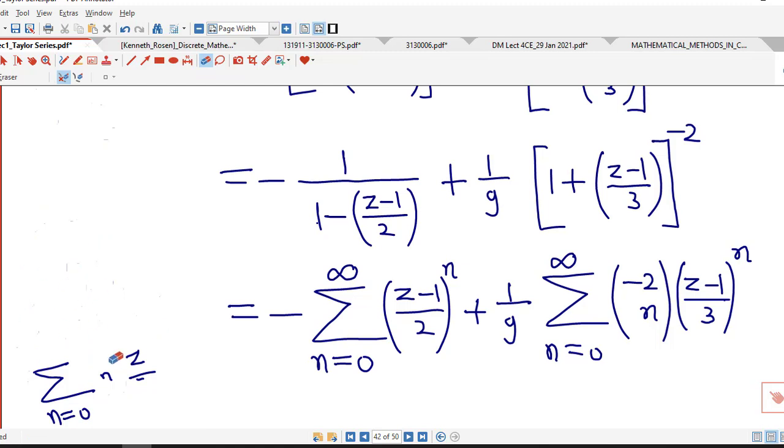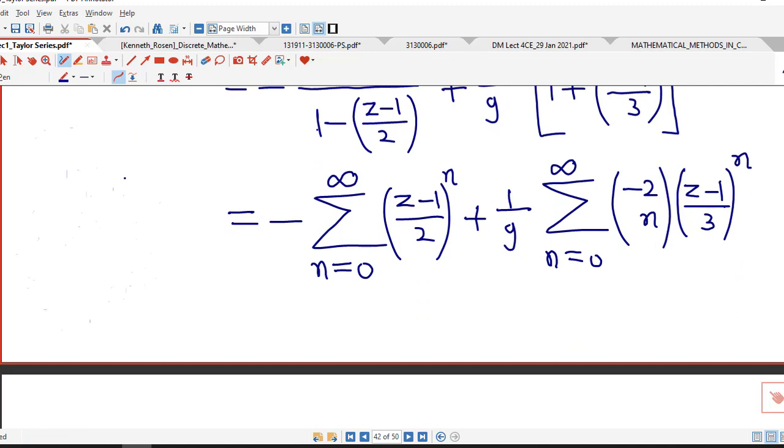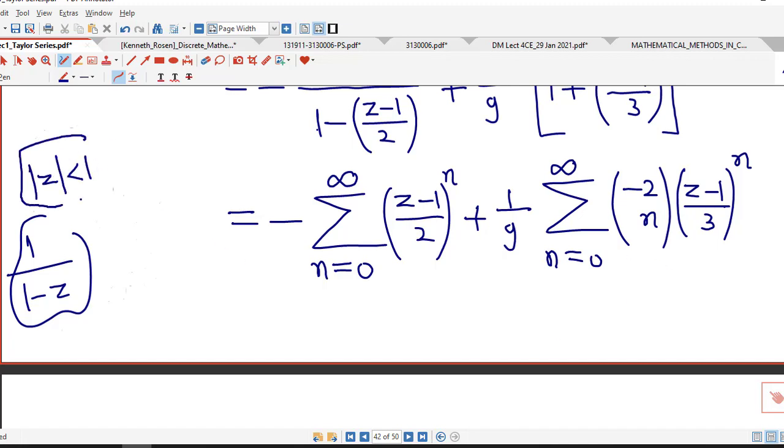So here we are using two standard Maclaurin series expansions, and as we know we have 1 over 1 minus z. The Maclaurin series expansion of this is valid if mod z is less than 1, and that binomial series expansion is also valid if mod z is less than 1.